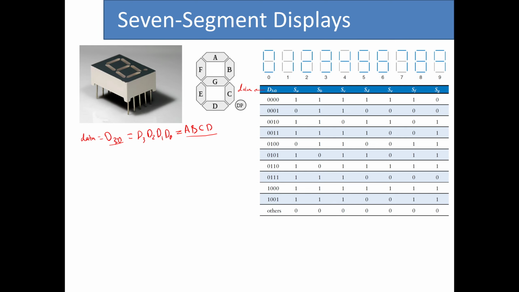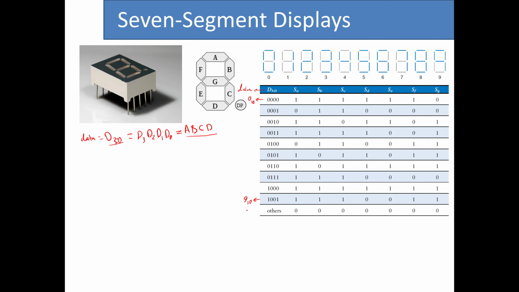So now based on this, we can create a truth table for all the possible combinations of the 7-segment display. So this is equivalent to 0 in base 10. This one is equivalent to 9 in base 10.